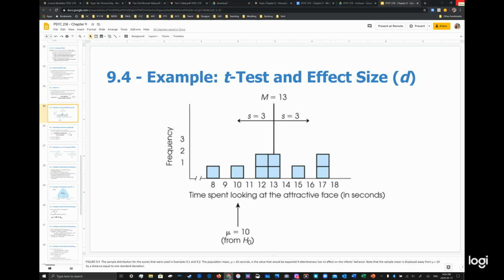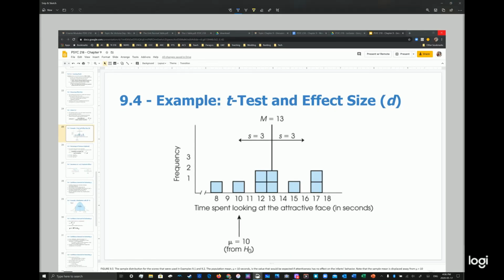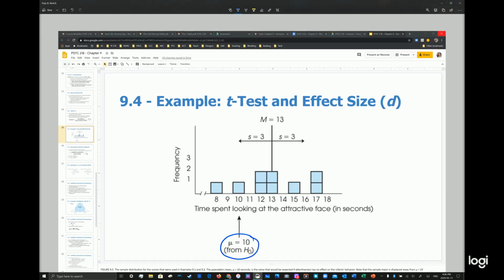So here's an example of this. In this slide we see, we've done the t-test, and now we're going to measure the effect size. So again, instead of measuring it in terms of standard error, that is estimated standard error, we want to measure the difference in sample standard deviations. So what that would look like then here is we have the sample mean of 13. And then the mean difference here is, well, between 13 and the population mean of 10.